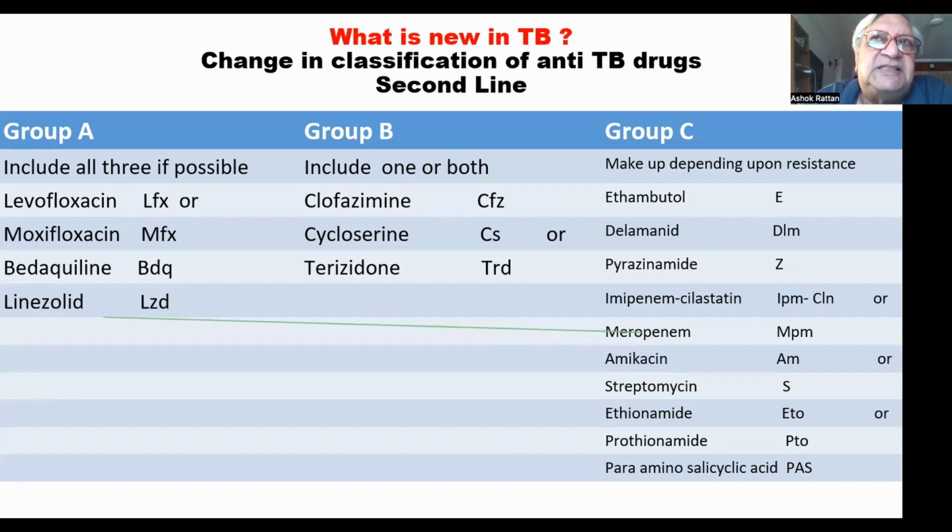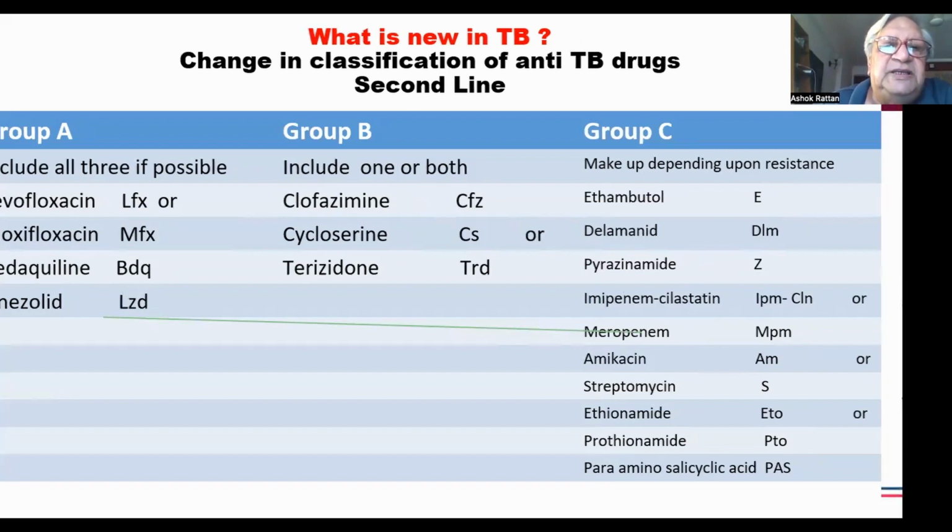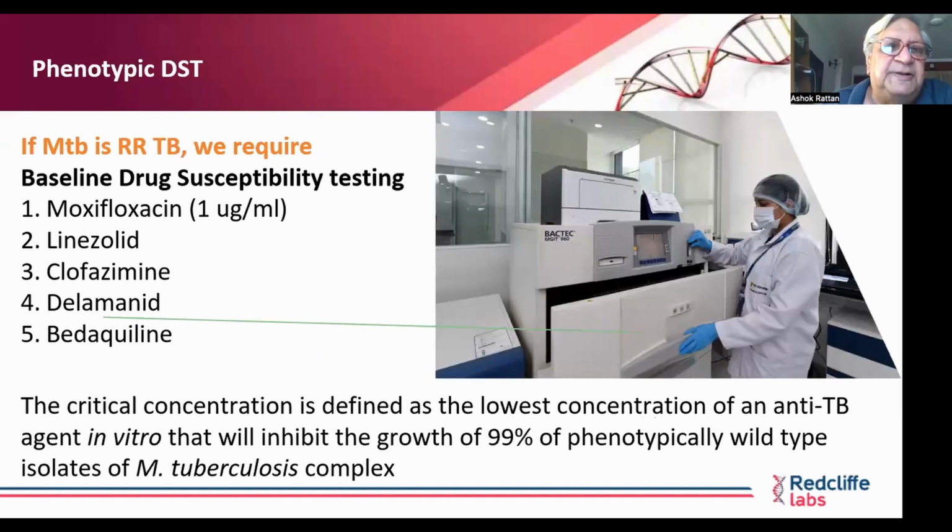It's been suggested that the treating physician should choose from Group A first and have at least 4 drugs given simultaneously. If 4 are not available from Group A, then Group B, and only Group C should be used when, because of resistance, members from Group A and Group B cannot be used.